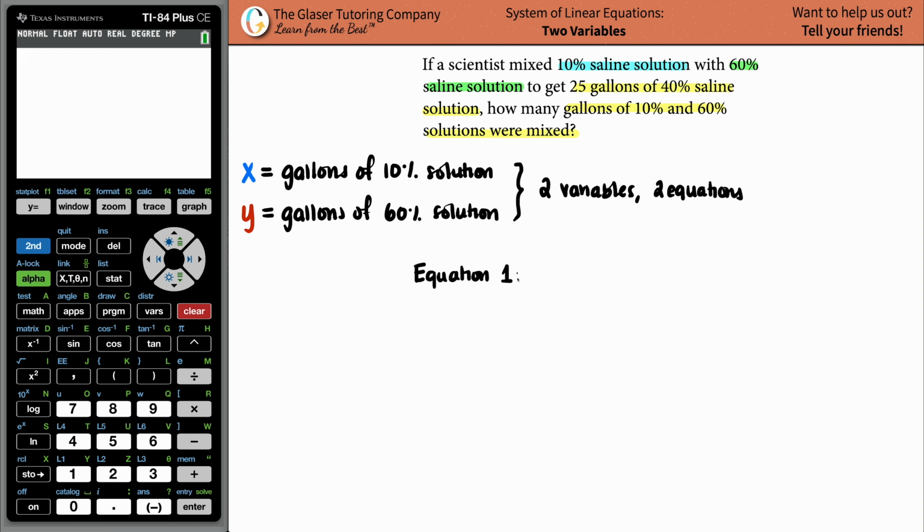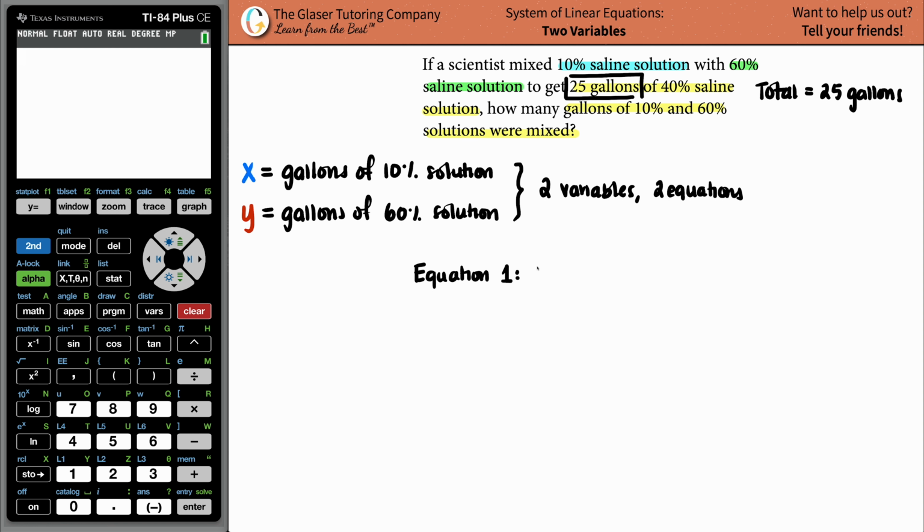Now, as I reread this again, it says that we are mixing the 10% solution with the 60% solution to get 25 gallons. Now, the 25 gallons is the total. Well, that I can use for a formula, because if I'm just adding X amount of gallons and Y amount of gallons, the total has to equal 25.